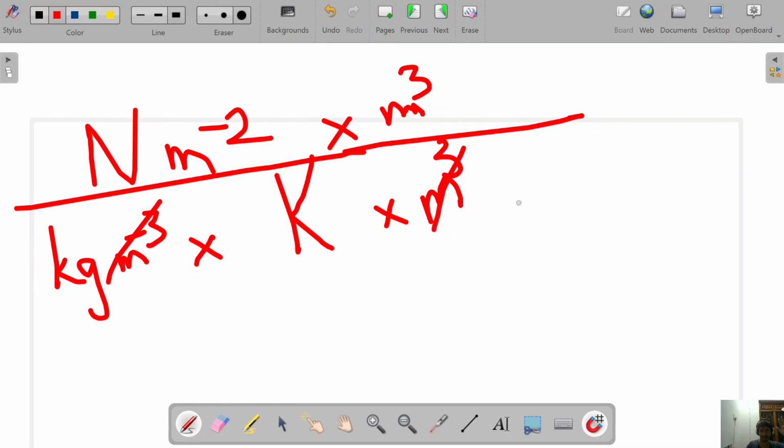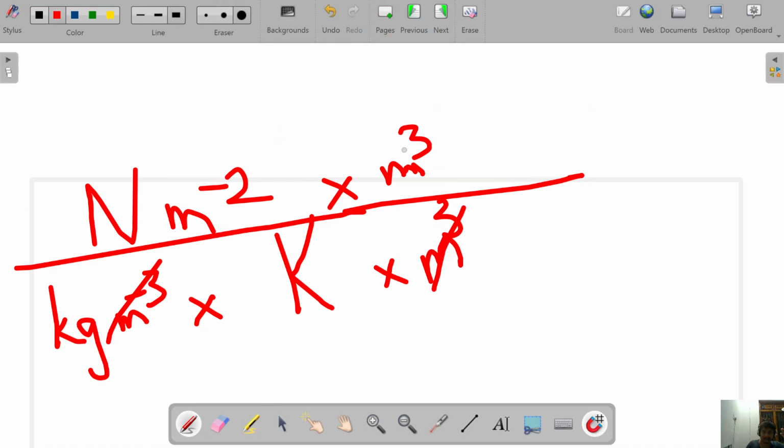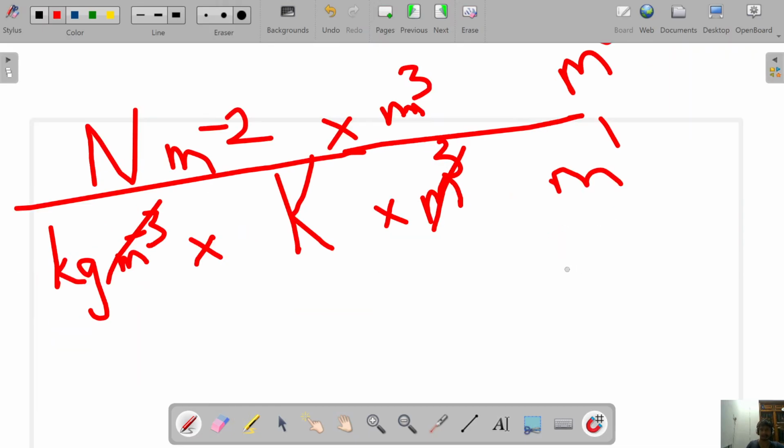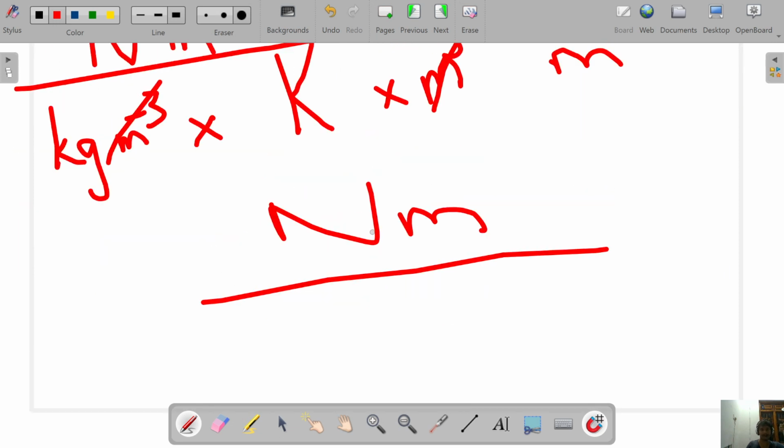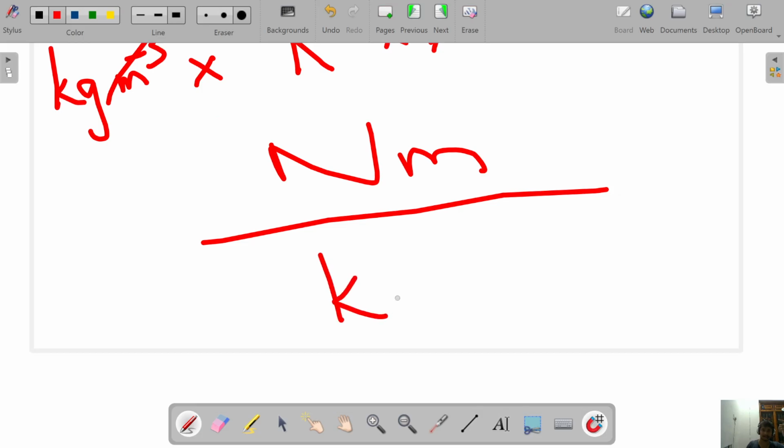In the numerator we get m cube into m minus 2, which is m to the power 3 plus minus 2, m to the power 1, equal to m. Therefore, in the numerator we have Newton meter, and in the denominator kilogram Kelvin.